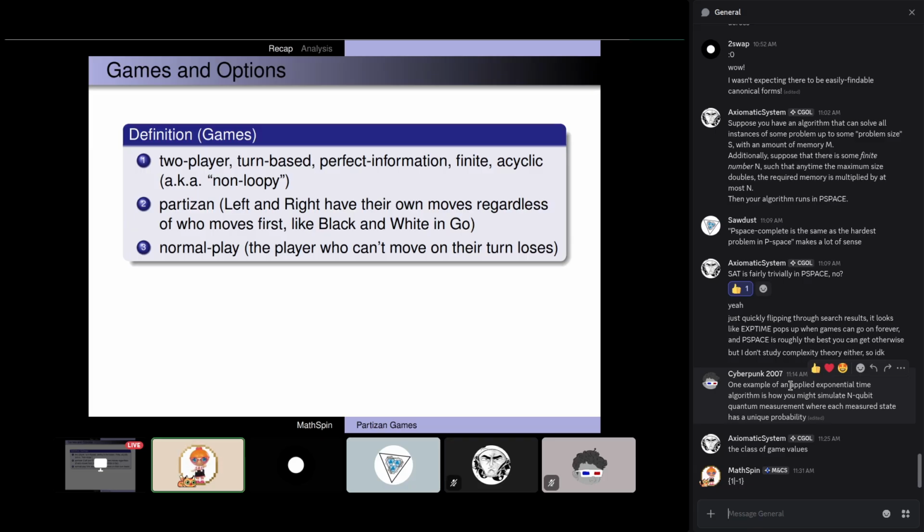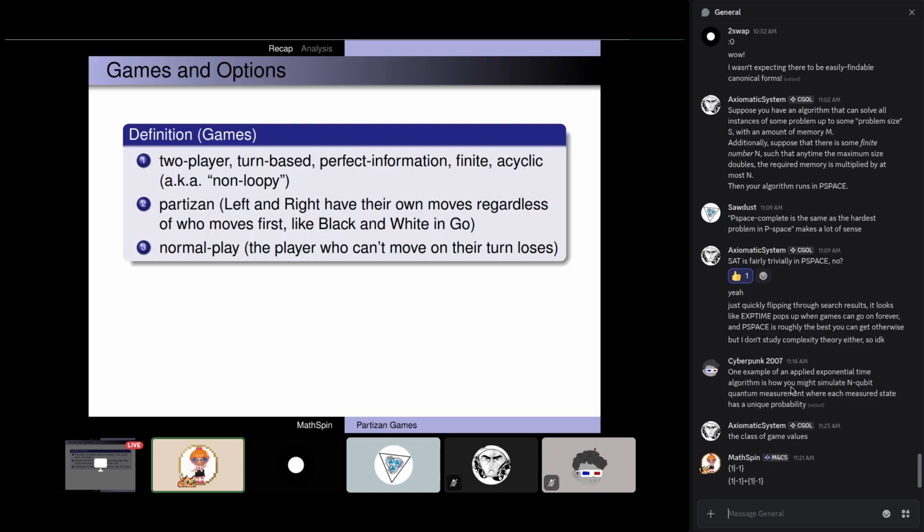Because if there were 2 of these, Left could move in one and secure a move for herself, and then Right could move in the other and secure a move for himself, and those would cancel out.